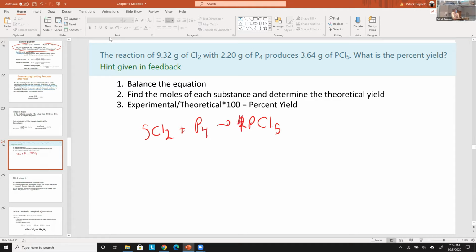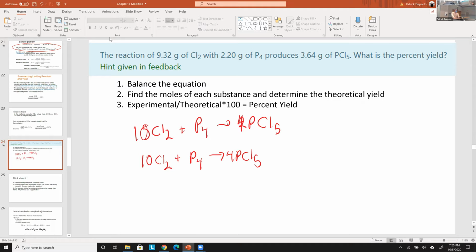And then if we double that one, we can double this one. Done. Yep, that works. So let's rewrite it. We have 10 Cl2, which means there's 20 Cls, plus P4 yields 4 PCl5. You have 20 Cls here, 20 Cls here, 4 phosphoruses.